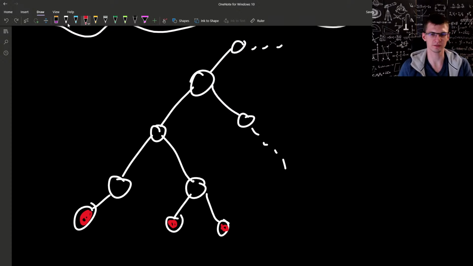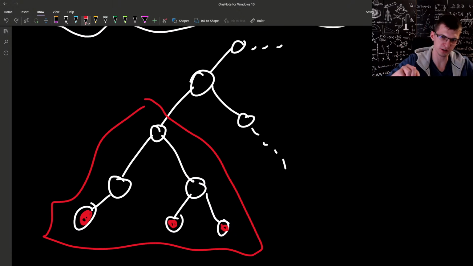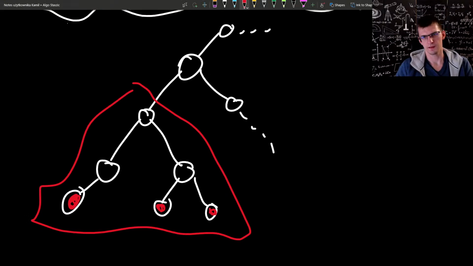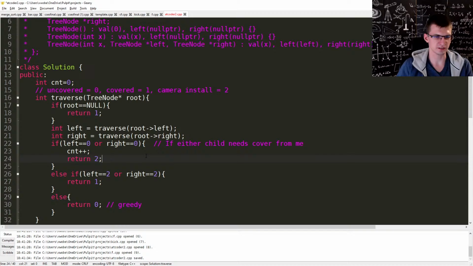So the observation is, if this is the current subtree, and we see that both children are covered by their children, then I don't put a camera here, I just say that my parent will have it. The only exception is if this is the whole tree, then we need to do it. There for sure is an if for that. That's a greedy solution.